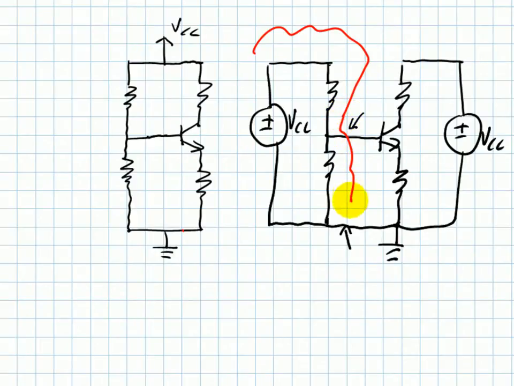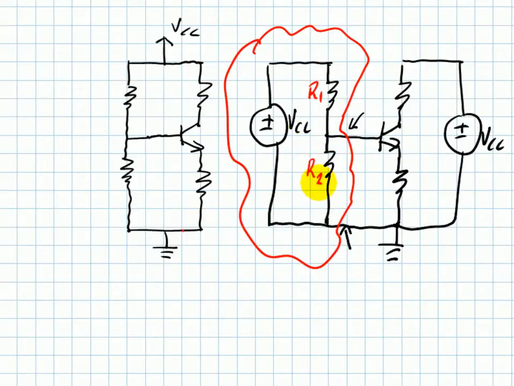This is the circuit we're going to find the Thevenin equivalent for. And that has, of course, as a Thevenin voltage, the voltage divider of VCC between those two resistors. That would be VCC times R2 divided by R1 plus R2. That is V Thevenin. And R Thevenin we obtain by killing the source and looking into that port, and we see only R2 in parallel with R1. Let me write it down.